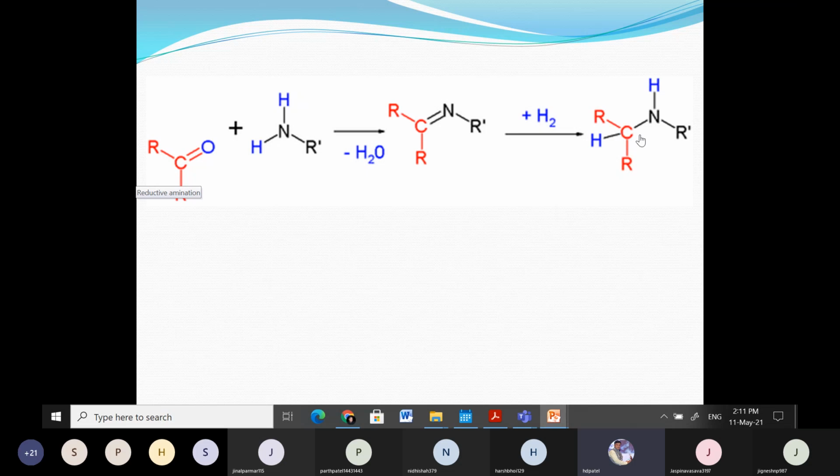Here you can see it is a conversion of imine to amine. Two hydrogens are introduced, so it is called a reductive amination reaction.